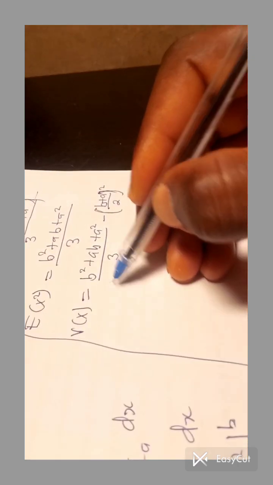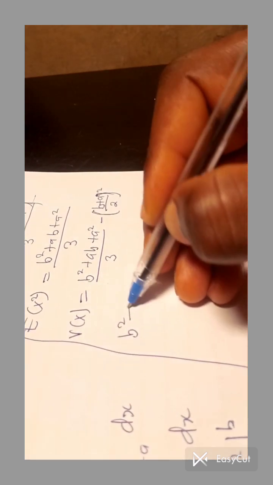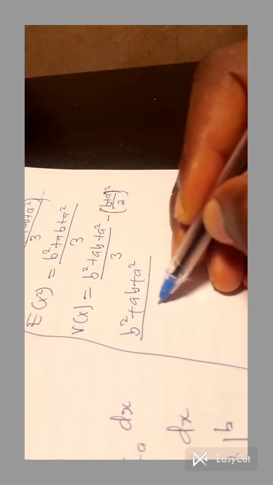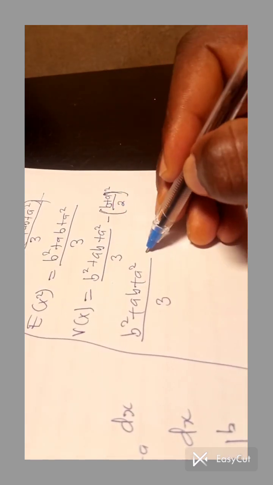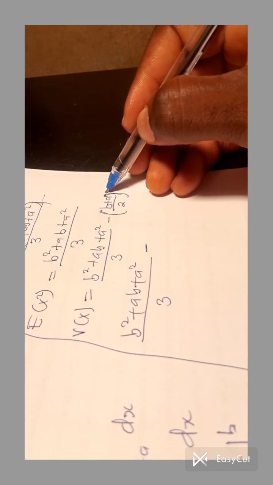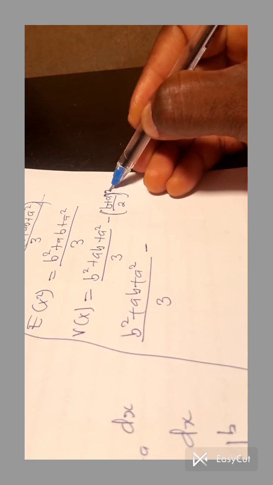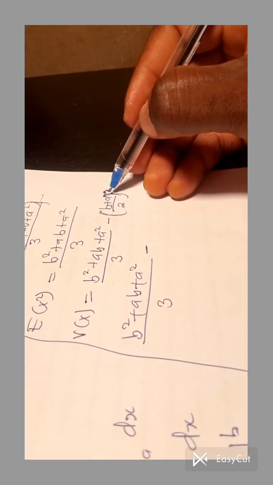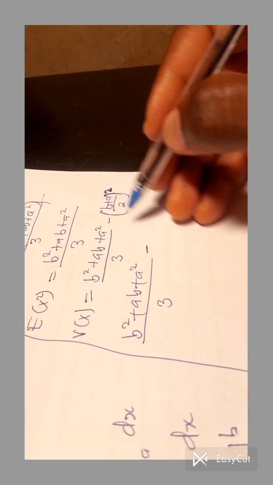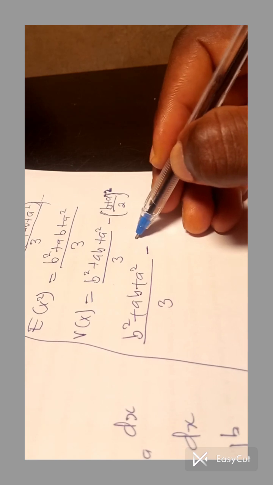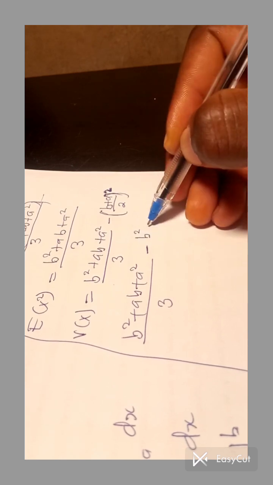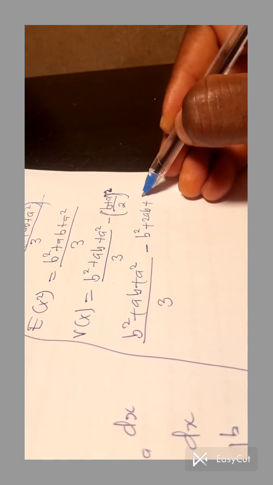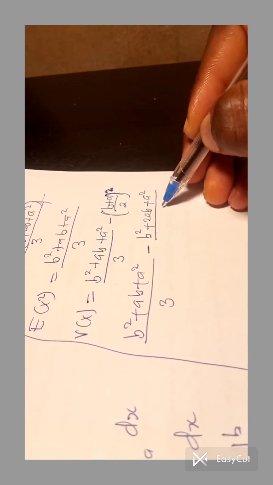And so this one remains the same, b squared plus ab plus a squared all over 3. And if we expand this, if we square this one, the way it is here, we have b squared plus 2ab plus a squared all over 4.